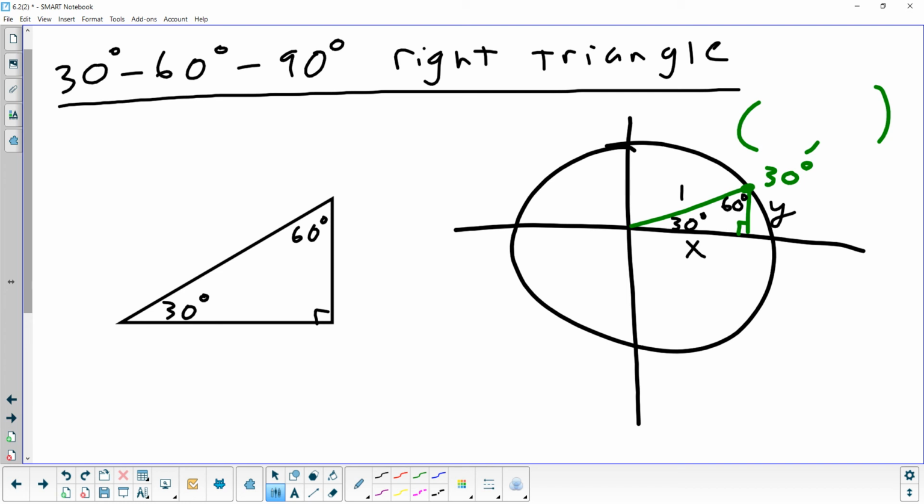So you can use Pythagorean Theorem, but you have to find one of those variables a different way first. Any thoughts what we can do? If you had them memorized already, you would know the answer, because there's a relationship between the sides in a 30, 60, 90. But let's pretend like we don't remember that.